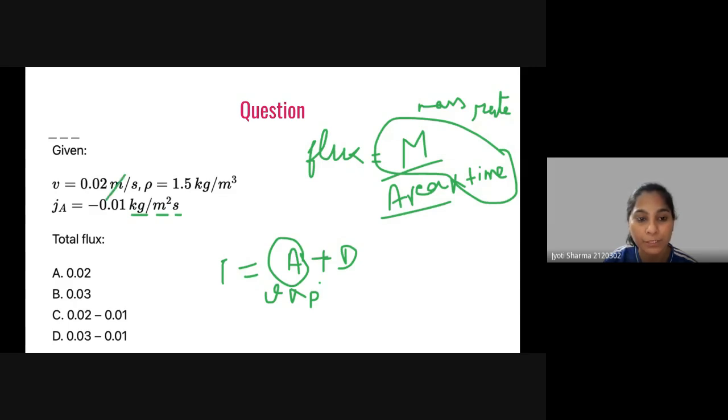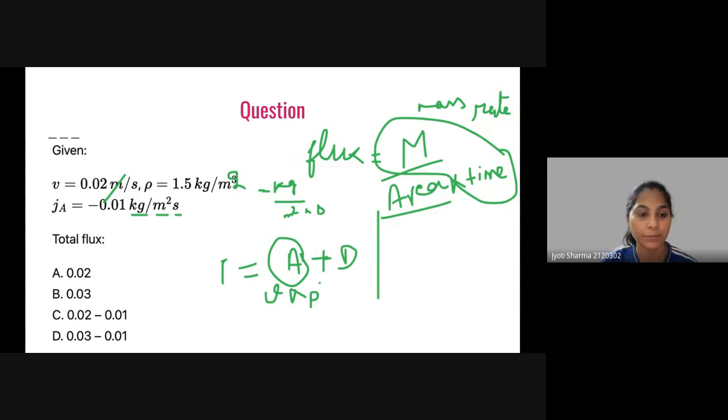So here the meter will cancel, and that's how this will again give you kg per meter square second, the same unit. So you have to multiply, and then J is given, and then you have to do the addition, and that's how this will give you the right answer. So this is 0.02 multiplied by 1.5. We know that 15 multiplied by 2 is 30, and then minus 0.01.